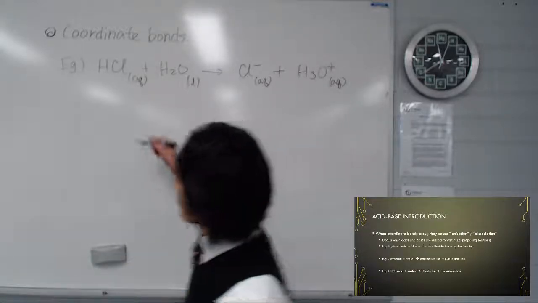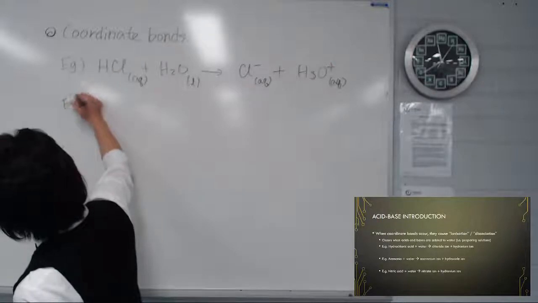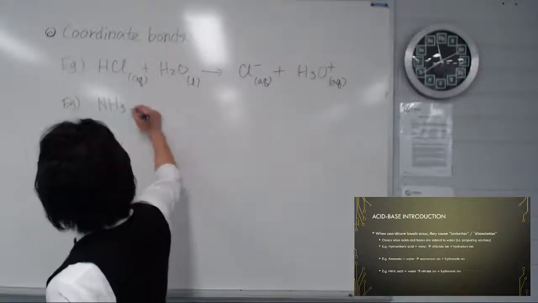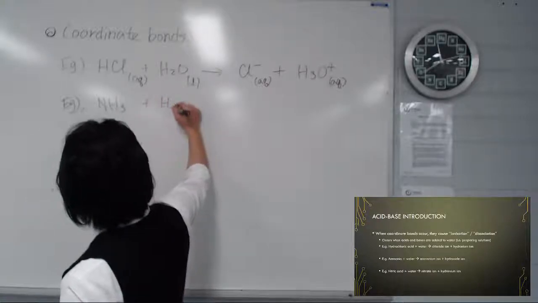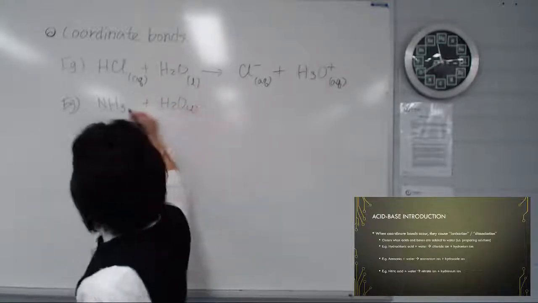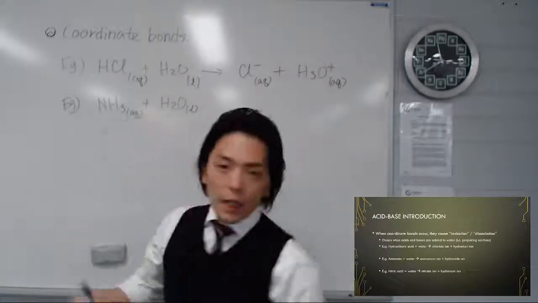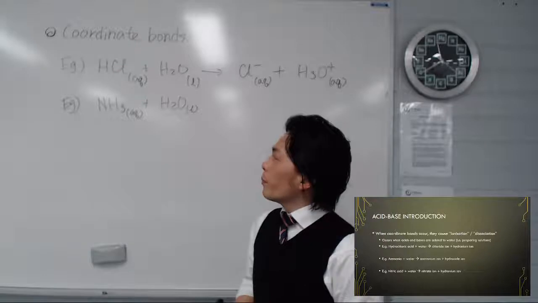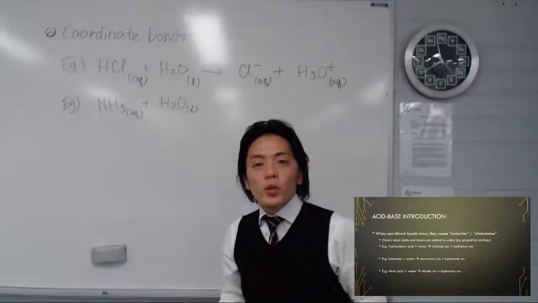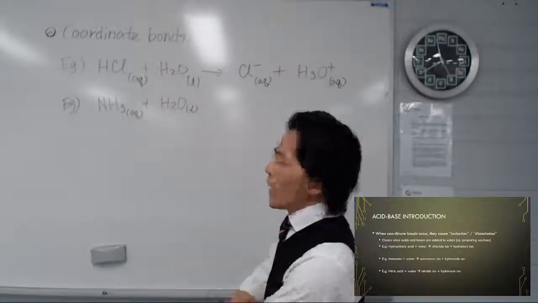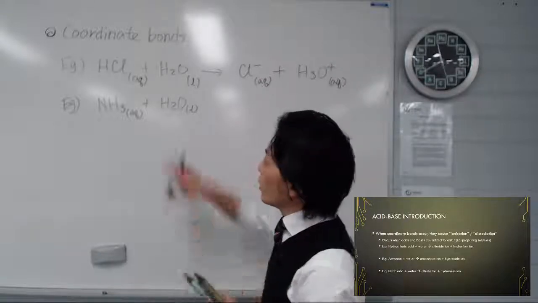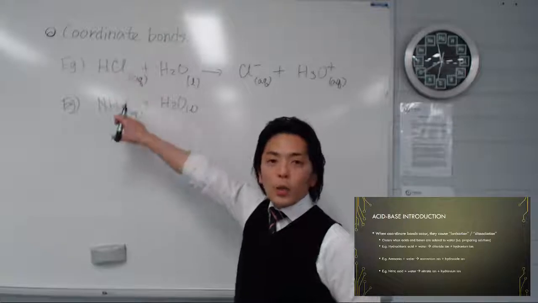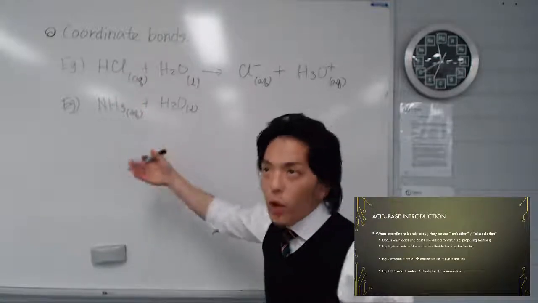Next, ammonia plus water. Ammonia again, same thing. It's very hard to get 100% ammonia. It may be possible in the industrial world, but not in a household or laboratory setup. So I'll go with aq, a solution of ammonia. Now ammonia can accept a proton, so that's a base.